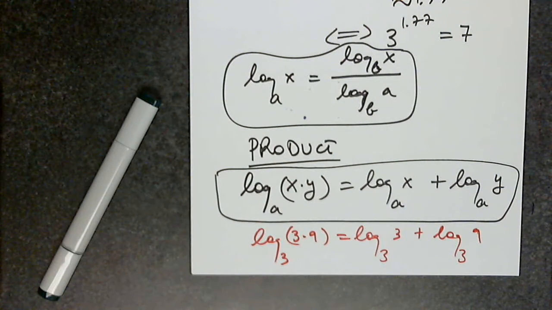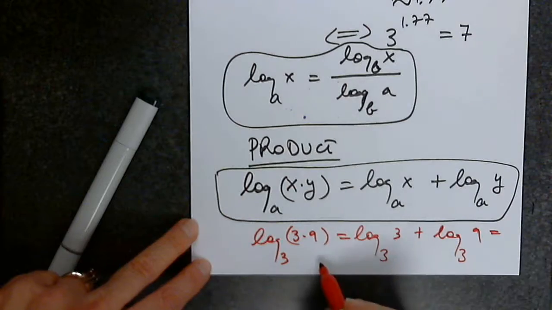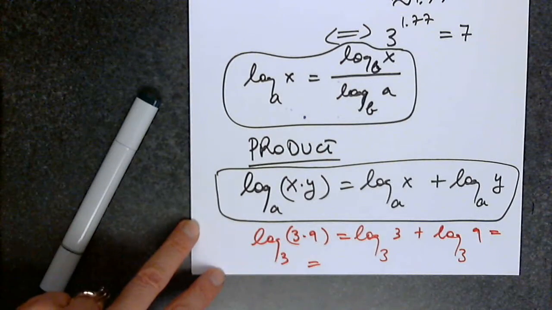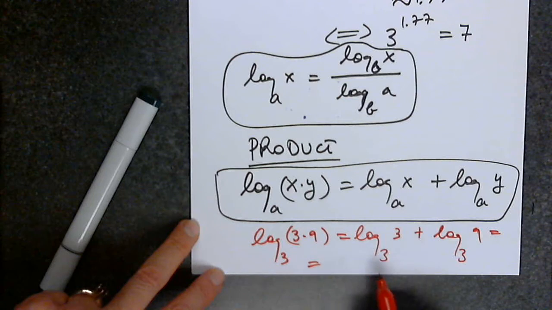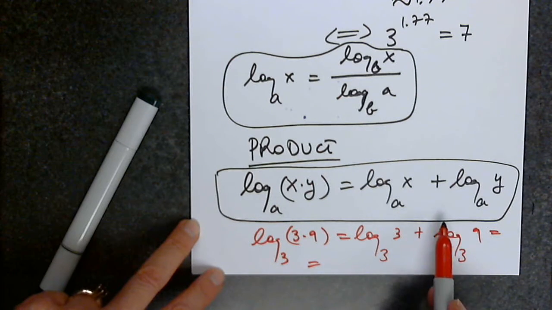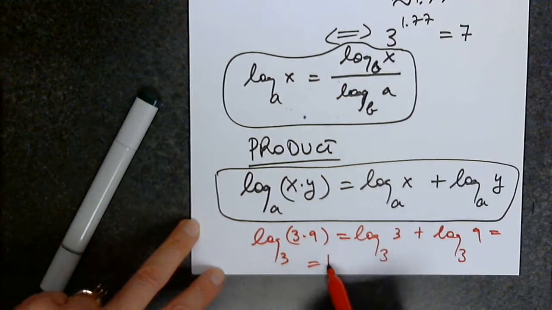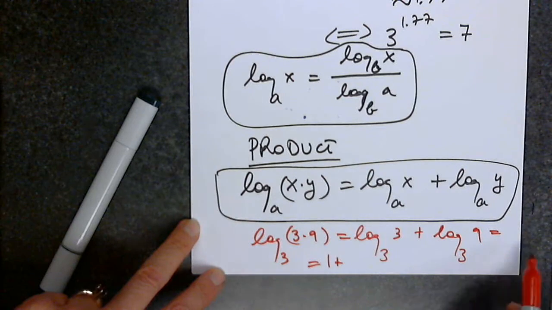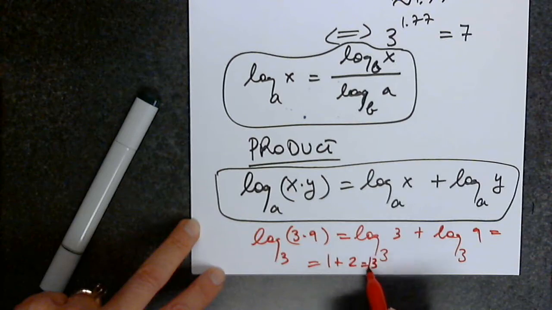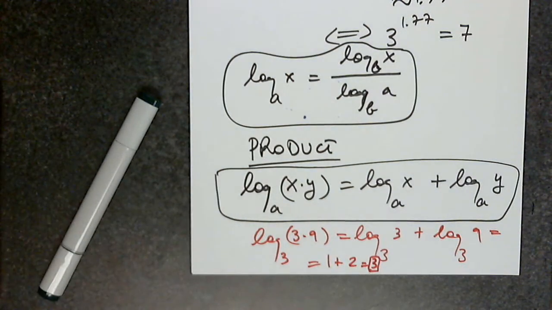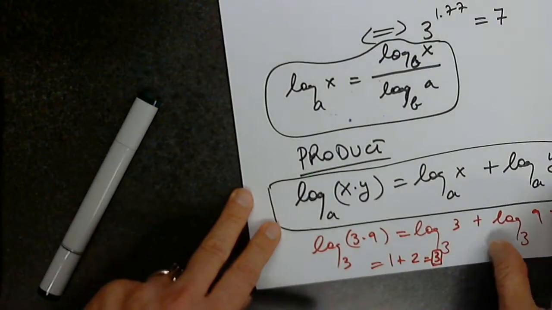Log base 3 of 3 will be 3 raised to which power is 3, which is 1, plus 3 raised to which power is 9. So the answer will be 3. That's the product rule.